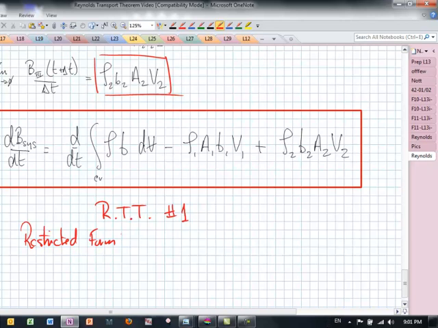And the assumptions for the restricted form of the Reynolds Transport Theorem are: A, that there's only one outlet and one inlet control surface.